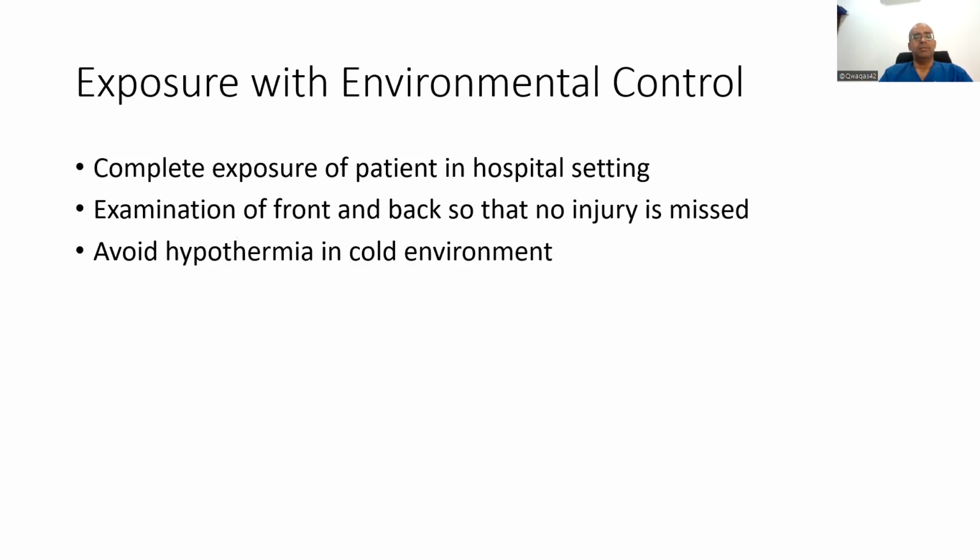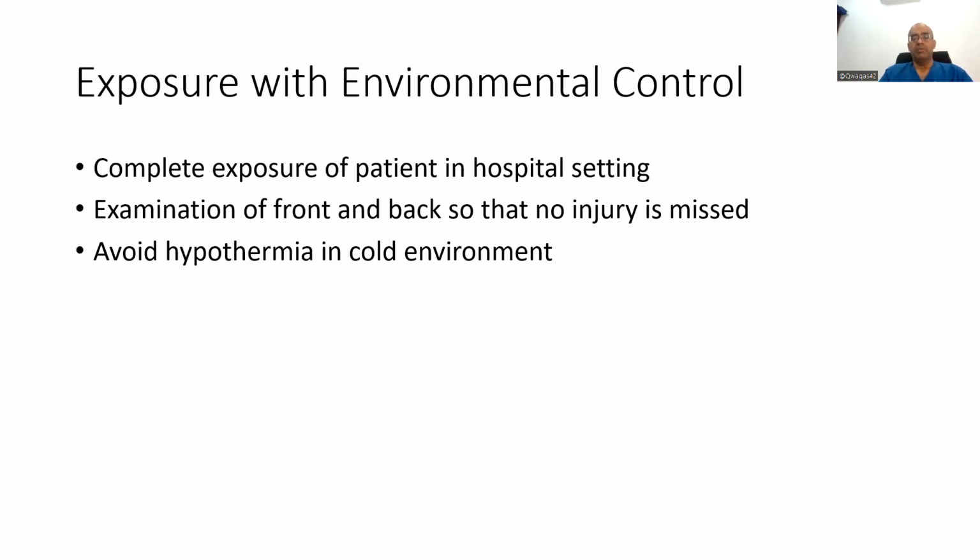So the next component is the E, which is the exposure with environmental control. The idea of exposing the patient is that no injury is missed. So the patient should be exposed completely, and the front should be examined and the back should be examined after log rolling, because we do not know the condition of the spine, and any injury of the back can be missed if the back is not examined properly.